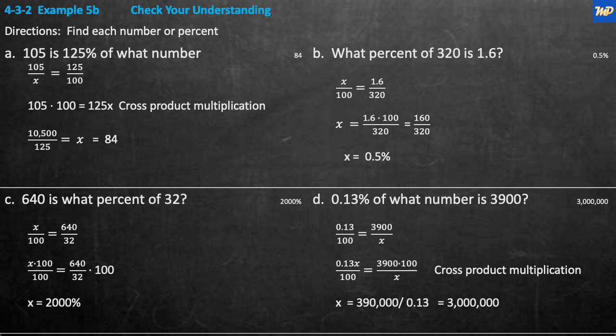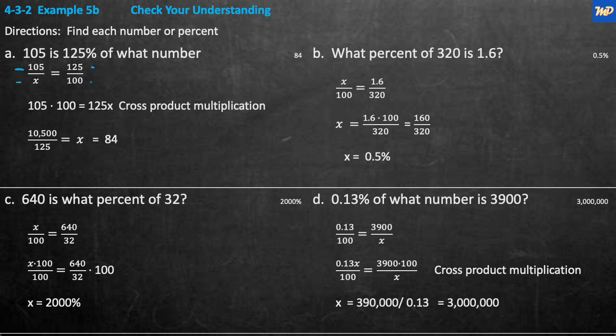If 105 was 100% of the whole number, 105 would be the whole number. But actually 105 is more than the whole number. So the whole number is smaller than 105. So let's write the equation. It's 105 is to the whole number as 125 is to 100.